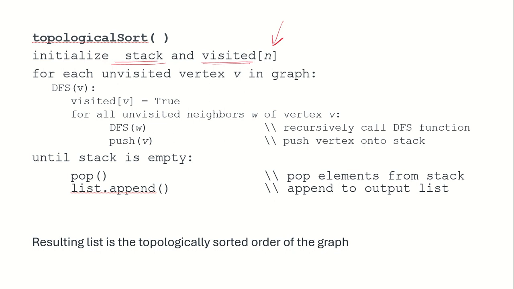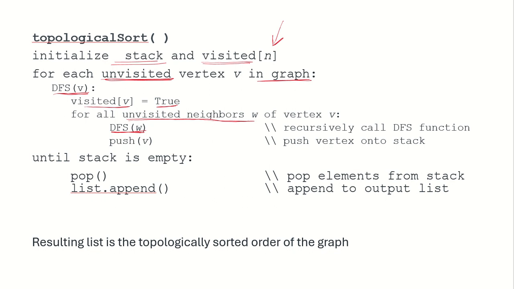Now what we are going to do is take a vertex which is unvisited in the graph and call DFS on that vertex. When we call the DFS for that vertex, we are going to mark that vertex as true and then for all the unvisited neighbors of that vertex, we will recursively call DFS.